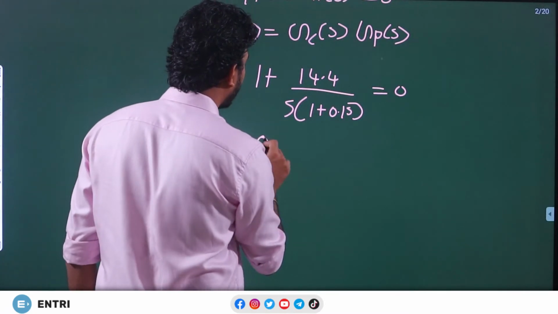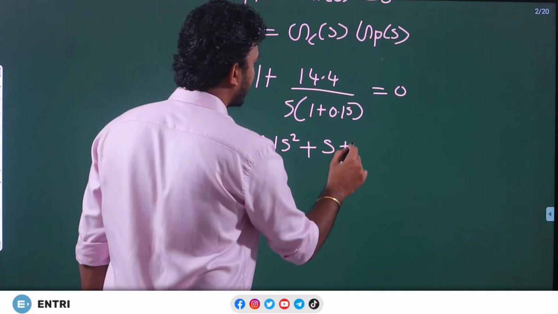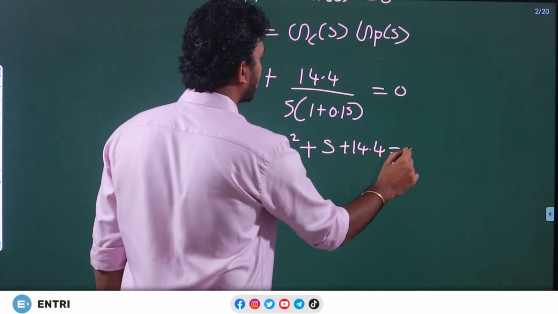So, it is 0.1 s square plus s plus 14.4 equal to 0.